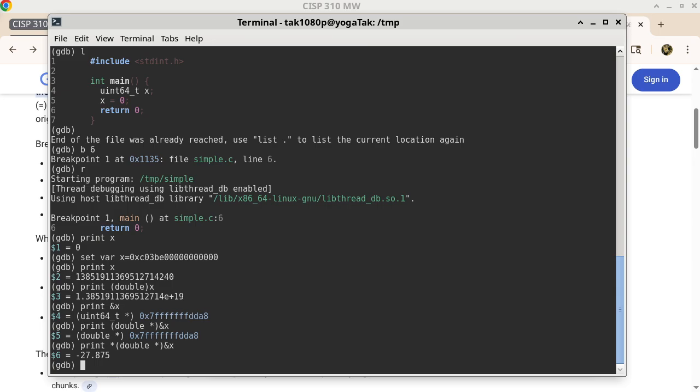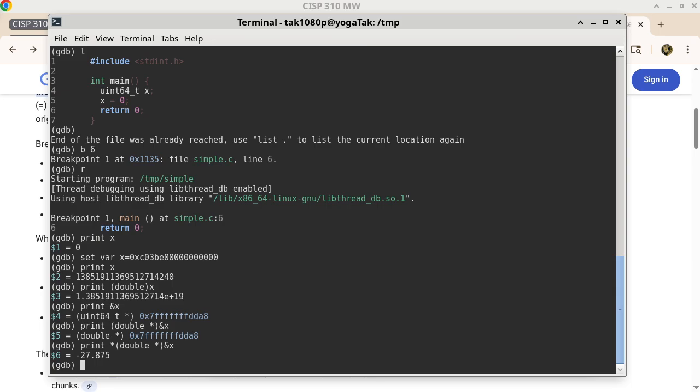So when you ask what is at the address, post casting, whatever bit pattern, the 64 individual zeros and ones, were no longer interpreted by the VU function. Instead, they were interpreted using the VF function that we talked about at the earlier part of today's lecture. That is how I got back negative 27.875.